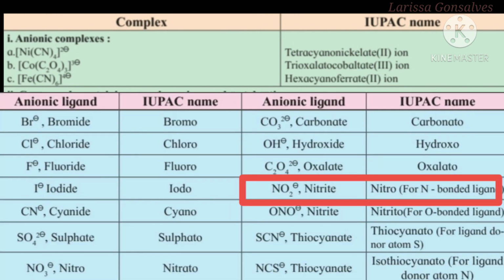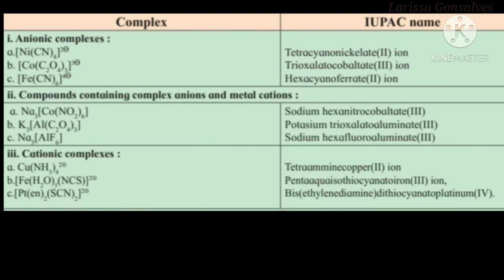The ligand is nitrite, so we will write it as nitro. So sodium hexanitro, and since an anion is present here, cobalt will be written as cobaltate, and then we need to write the oxidation state of cobalt, which comes as 3. So the IUPAC name is sodium hexanitrocobaltate(III).